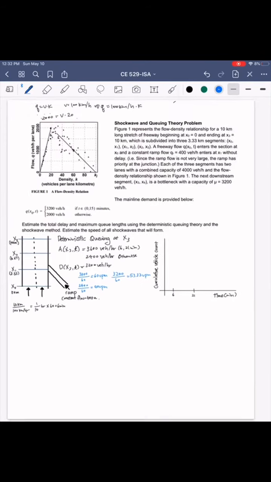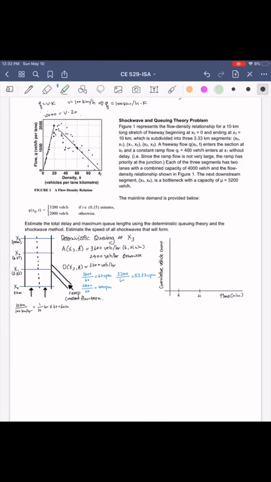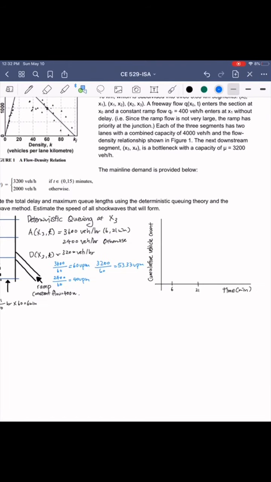And let's draw that here. I marked 6 minutes and 21 minutes earlier, but keep in mind that I just eyeballed this graph, so it's not to scale. So let me draw the arrival curve in blue color. It'll be from 6 to 21 here, and then it'll be at 40 vehicles per minute.